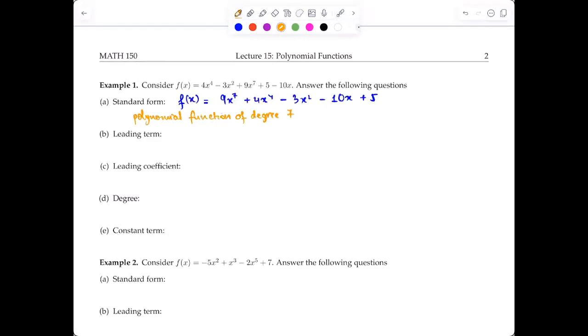Now, writing in standard form allows you to identify a few things here: the leading term, the leading coefficient, of course the degree of the polynomial function, and the constant term. So in this case, the leading term is 9 times x to the 7. And the leading coefficient is 9, right? The coefficient is the number, the constant in front of x.